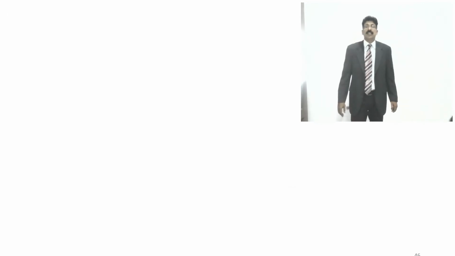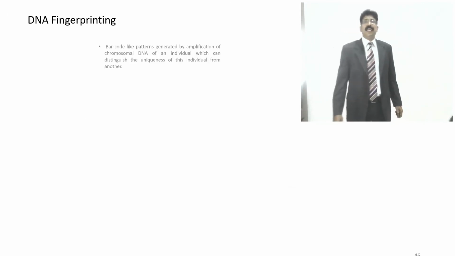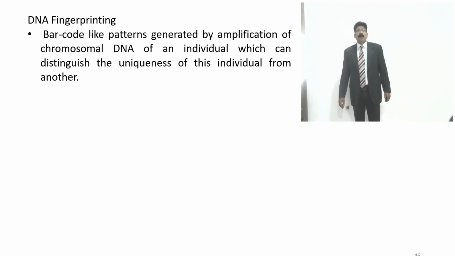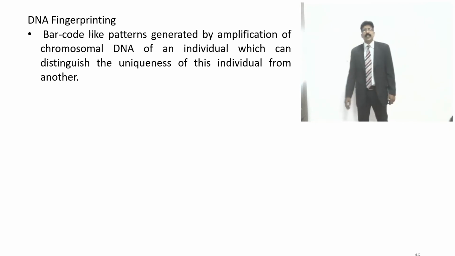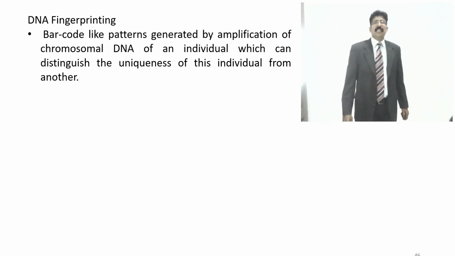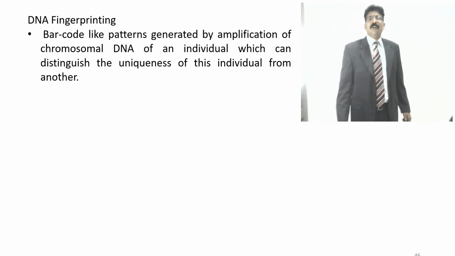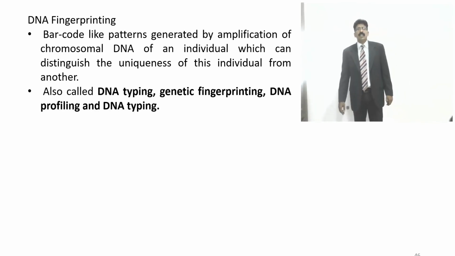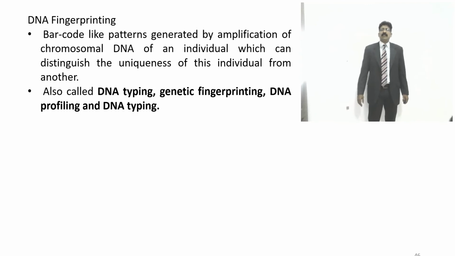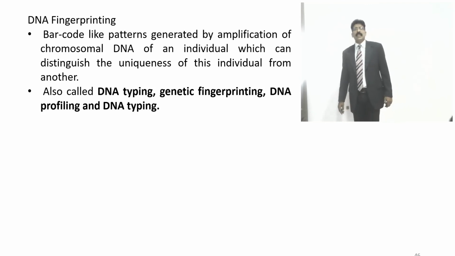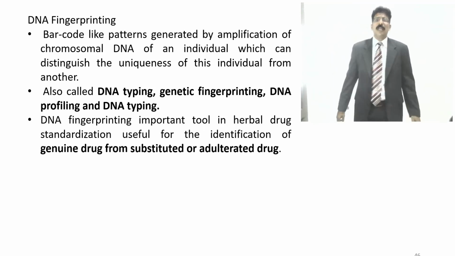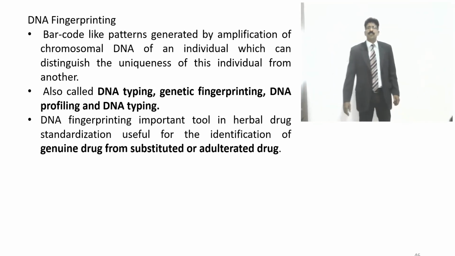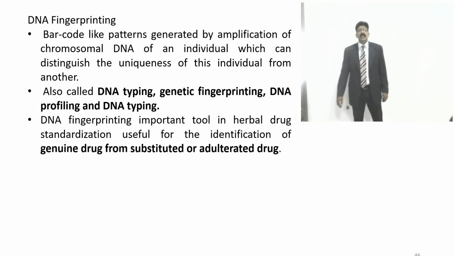So now you can see DNA fingerprinting, a barcode-like pattern generated by application of chromosomal DNA of an individual, which can distinguish the uniqueness of one individual from another. It is also called DNA typing, genetic fingerprinting and DNA profiling. DNA fingerprinting is an important tool in herbal drug standardization, usually for the identification of genuine drug from substituted or adulterated drug.